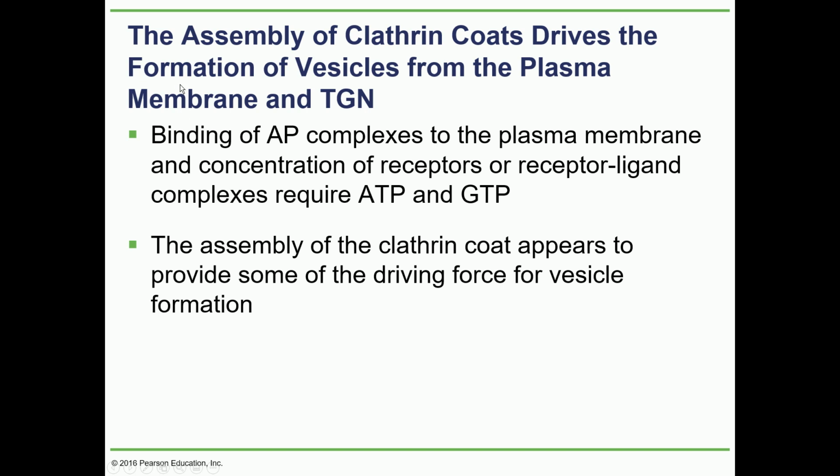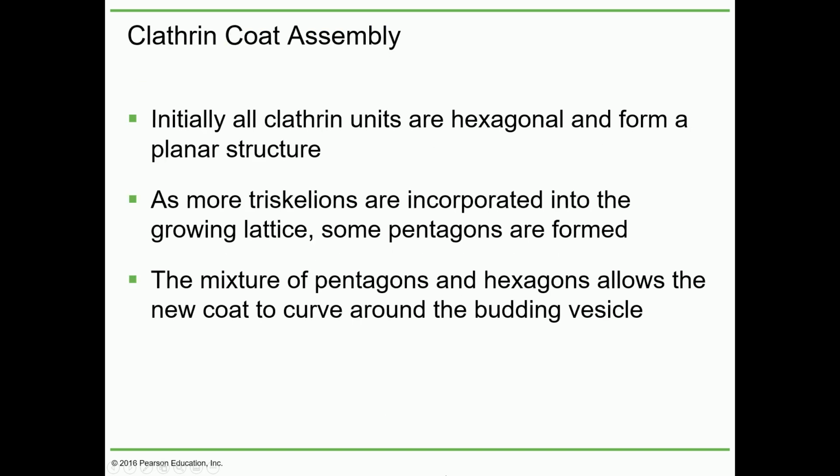Now something very important to know here is the assembly of the clathrin coat. Remember that clathrin's basic unit is triskelion, which can form hexagons or pentagons. The assembly of the clathrin coat appears to provide some of the driving force for vesicle formation.